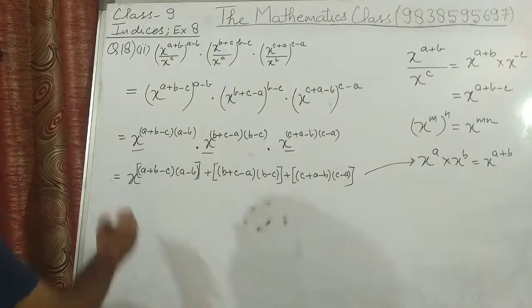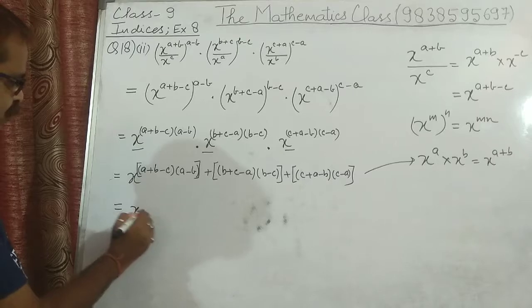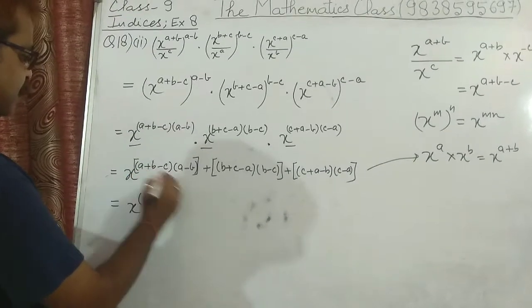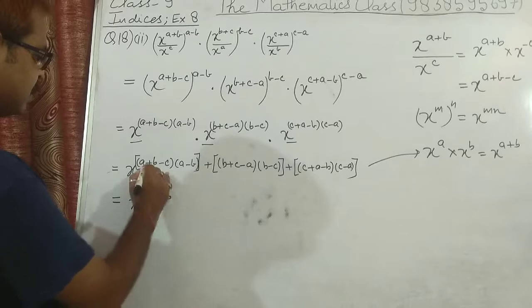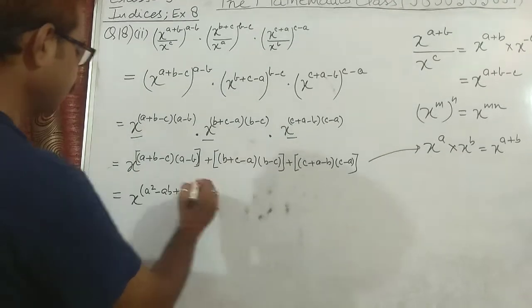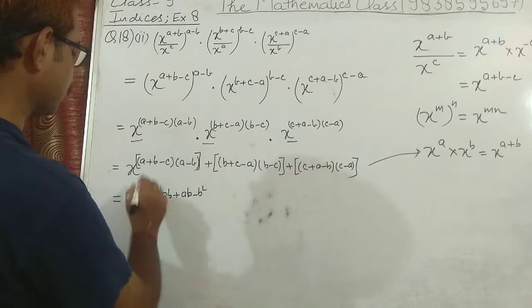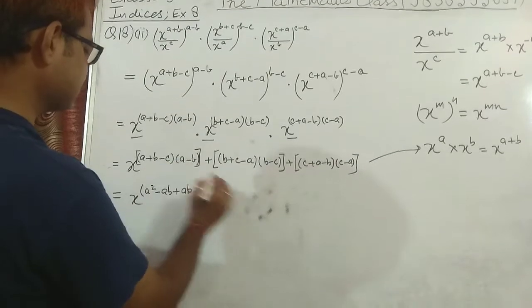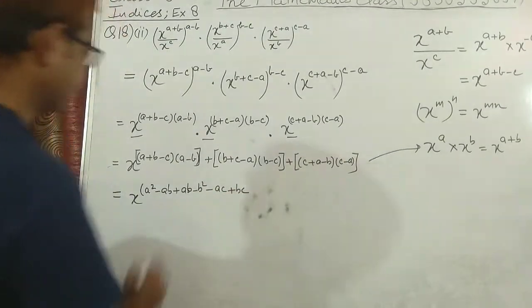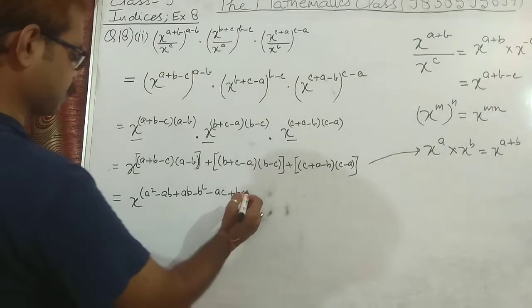Now you multiply these, so it can be written as x to the power a into a is a square minus ab plus ab minus b square minus ac and plus bc. This expression is for the first one.